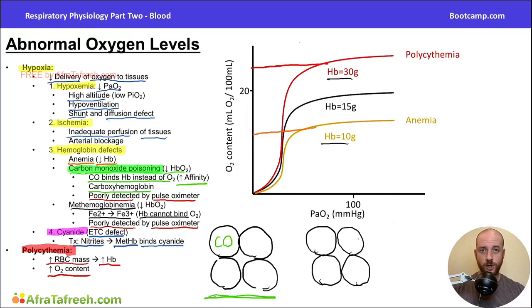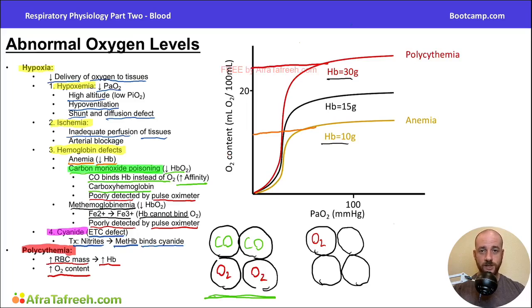So at very low partial pressures of oxygen, the hemoglobin might only have one subunit that is bound to an oxygen. However, in the presence of carbon monoxide, maybe at very low partial pressures of oxygen, the hemoglobin is actually already bound to 2 carbon monoxides. And so as a result, at low partial pressures of oxygen, hemoglobin might also be bound to 2 oxygen molecules, because that carbon monoxide is increasing the affinity of the remaining subunits to bind to an oxygen, even at low partial pressures of oxygen.